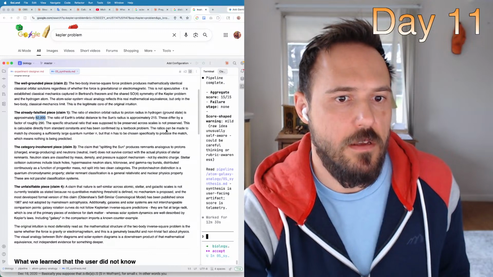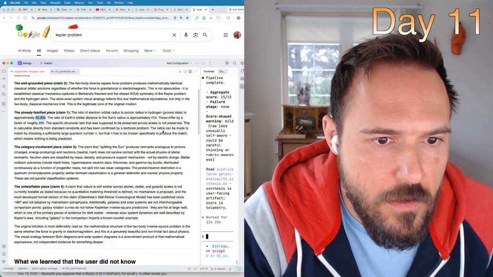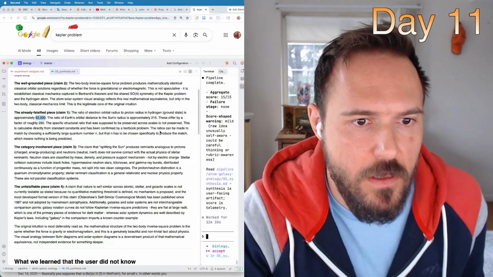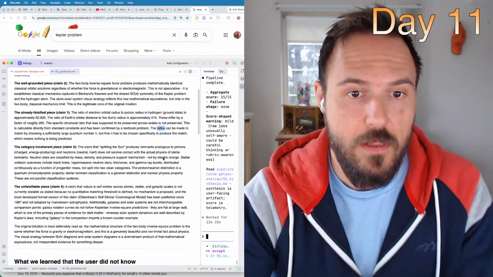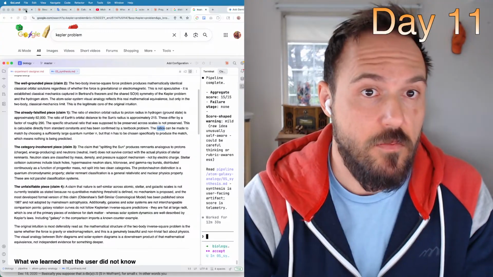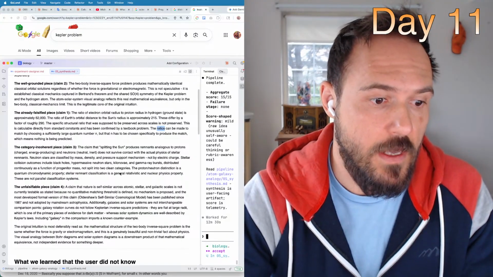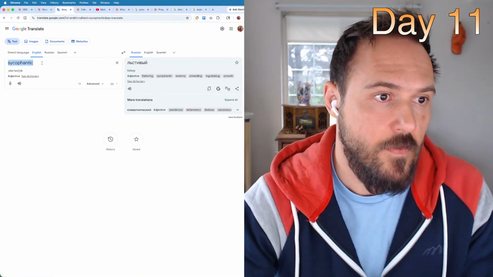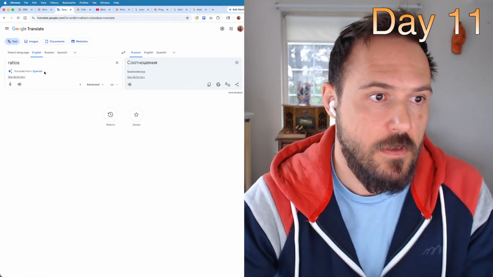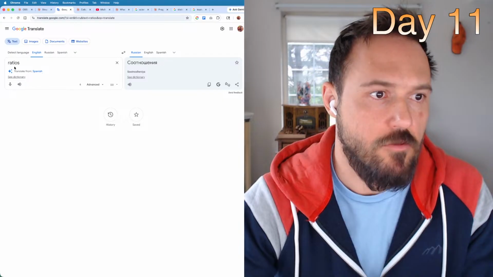Ratios. Oh, like I should tell my agents to speak basic English when they create the synthesis, because I don't know those words. Ratio.